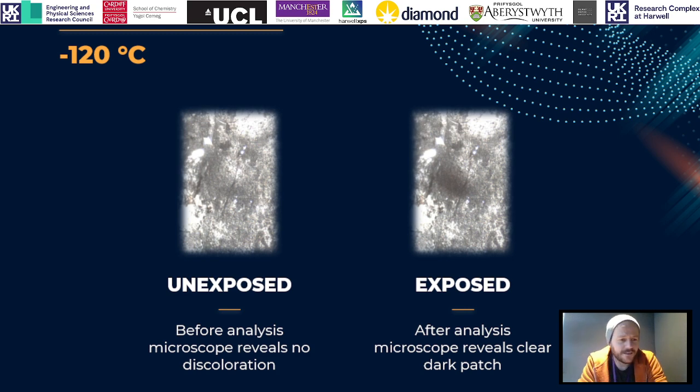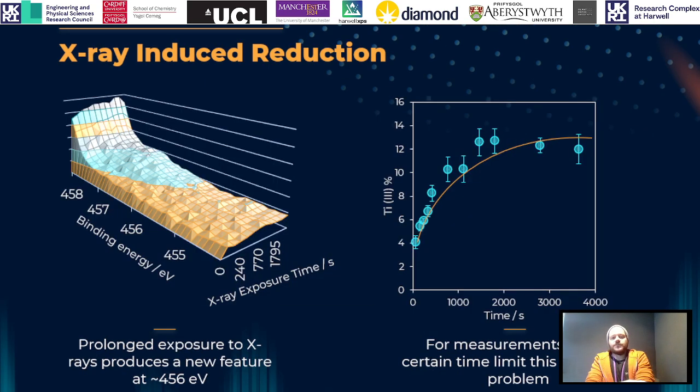So to visualize that in terms of the actual chemistry, if we look at the figure on the left, we can see around 456 a bit of a shoulder start to appear as we increase the exposure time of X-rays, and this is due to the formation of some titanium 3+ states.